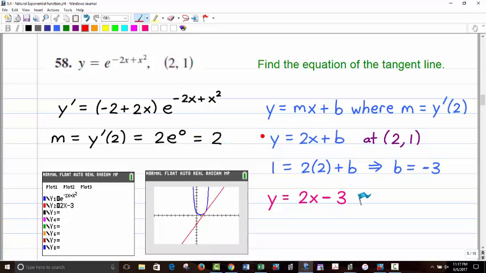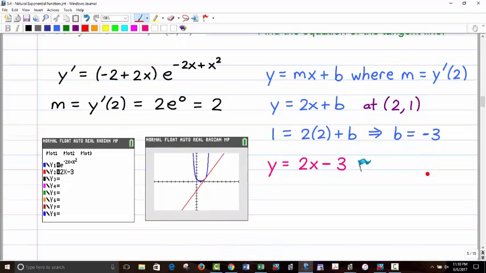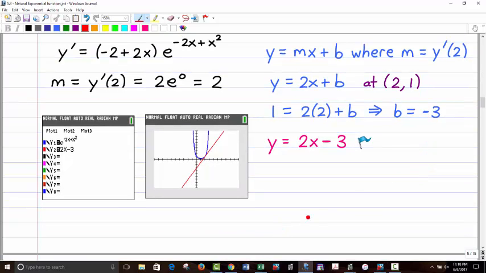So your slope is 2, so we know we're starting at y equals 2x plus b at (2, 1). So now I put 2 in for x, and I put the 1 right there in for the y. Solve for b. I get b equals negative 3. And then I have y equals 2x minus 3.